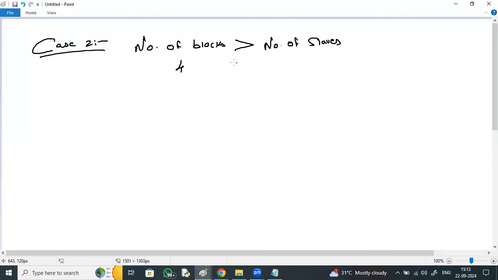Four blocks, 2 slaves. Number of blocks greater than number of slaves.